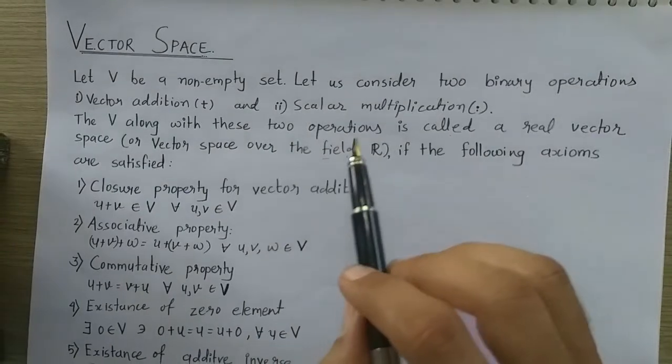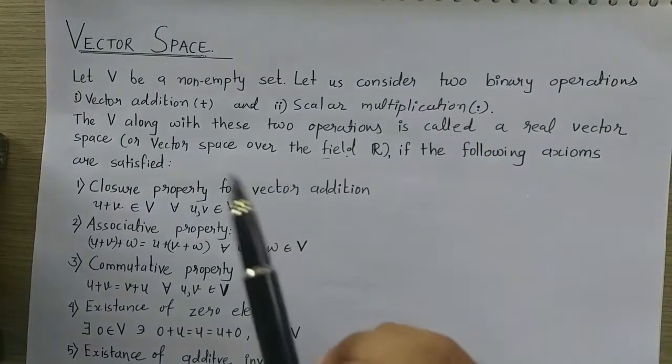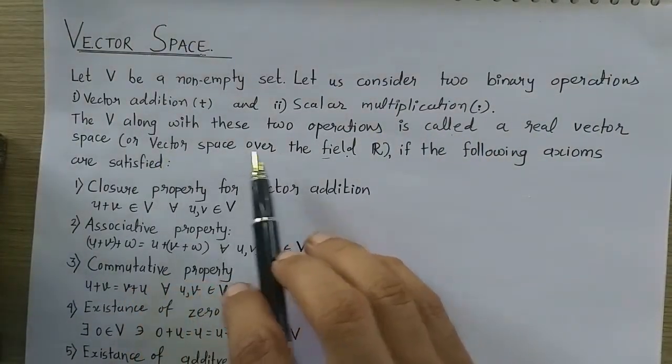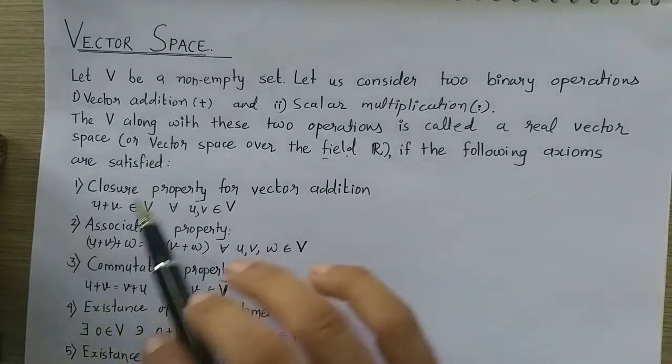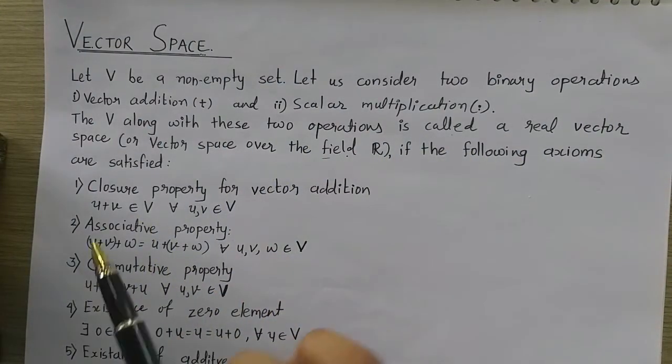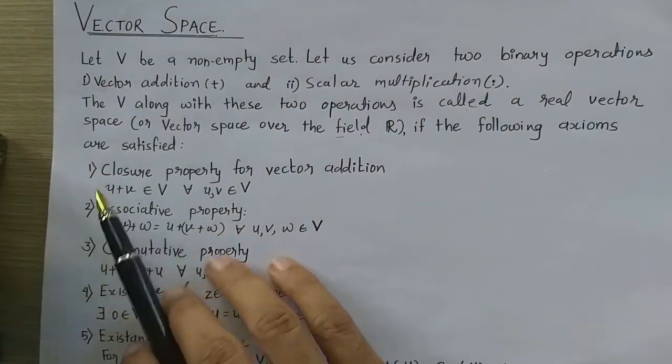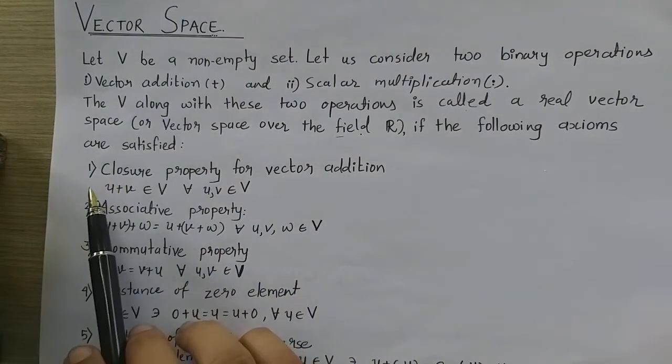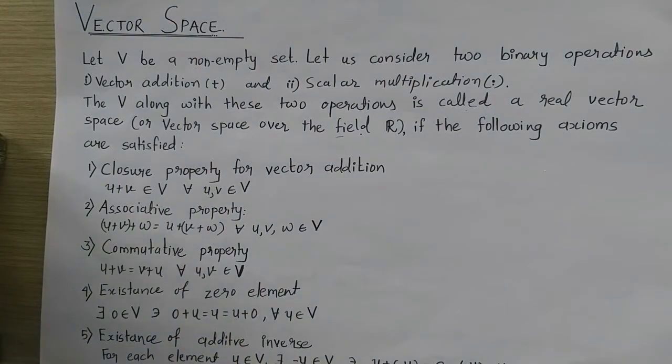Then V along with these two operations is called the real vector space or a vector space over the field R if the following axioms are satisfied. So what is the first property? First property is closure property for the vector addition.